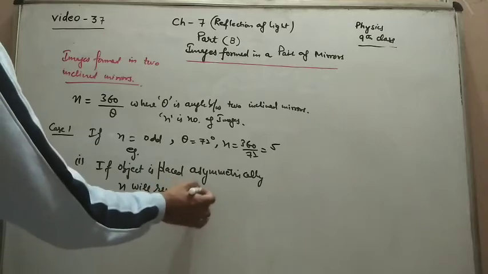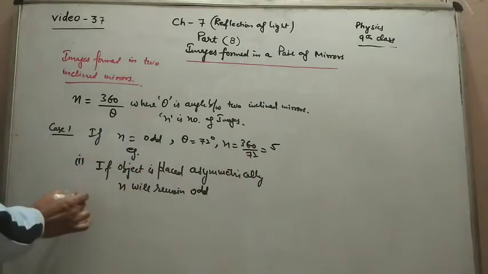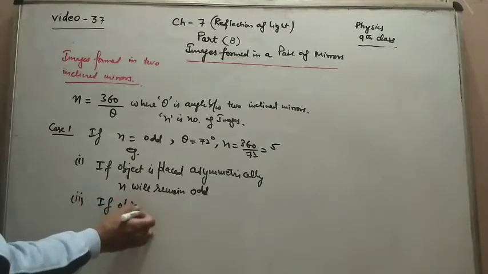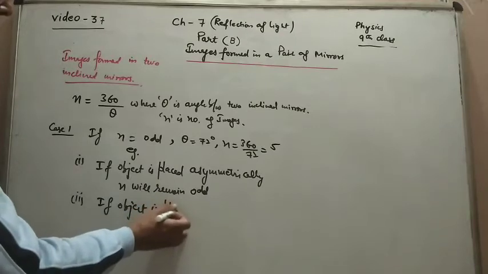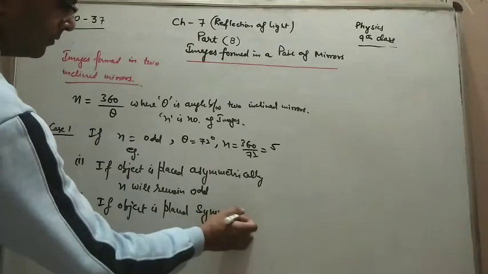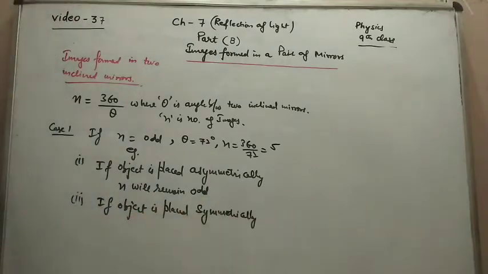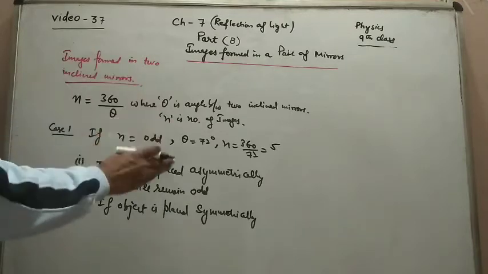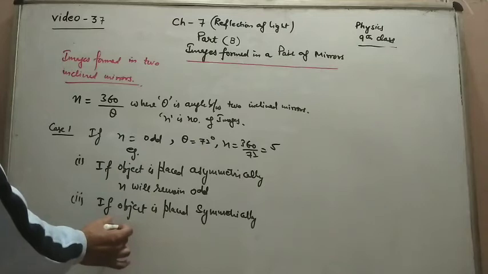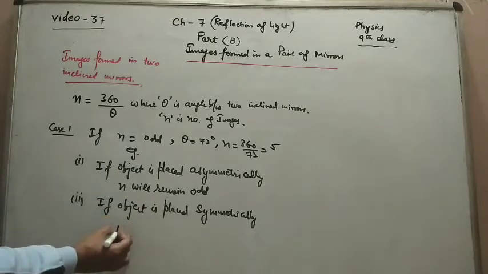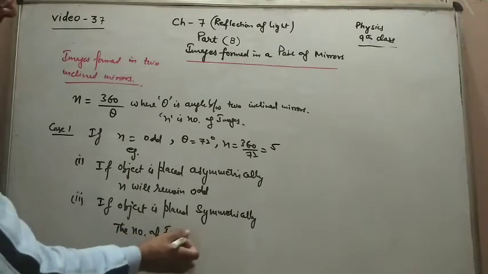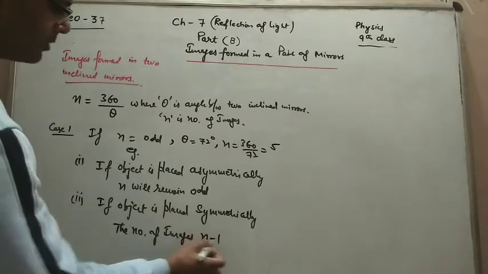Second, if the object is placed symmetrically, meaning on the bisector of the angle between the mirrors, then the number of images will be n minus 1.